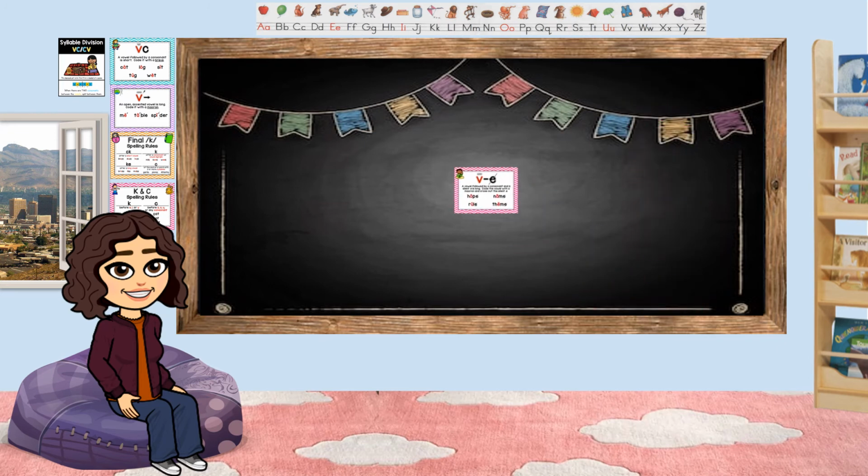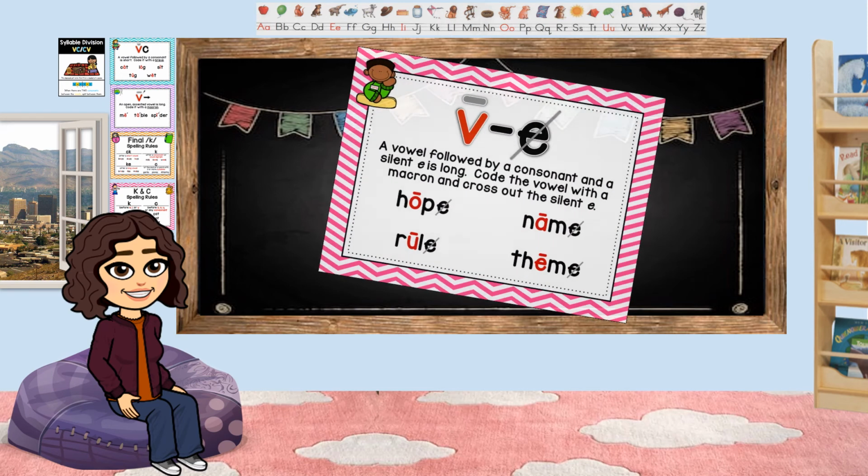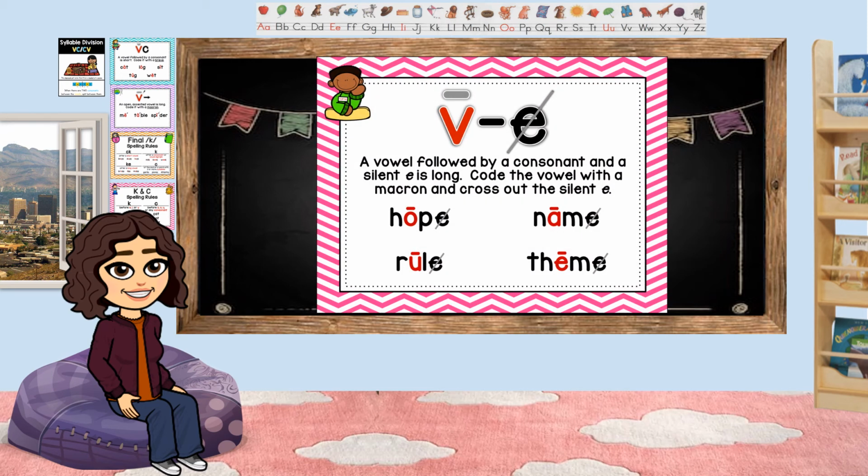And we have our vowel consonant E rule. A vowel followed by a consonant and a silent E is long. Code the vowel with a macron and cross out the silent E.